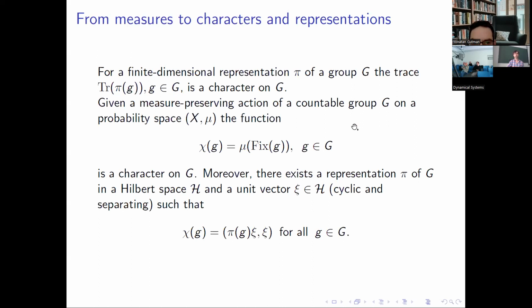What is more interesting for us is, given a measure preserving action of a countable group G on the probability space X, mu, the following function chi of g equal to the measure of fixed points will be a character.